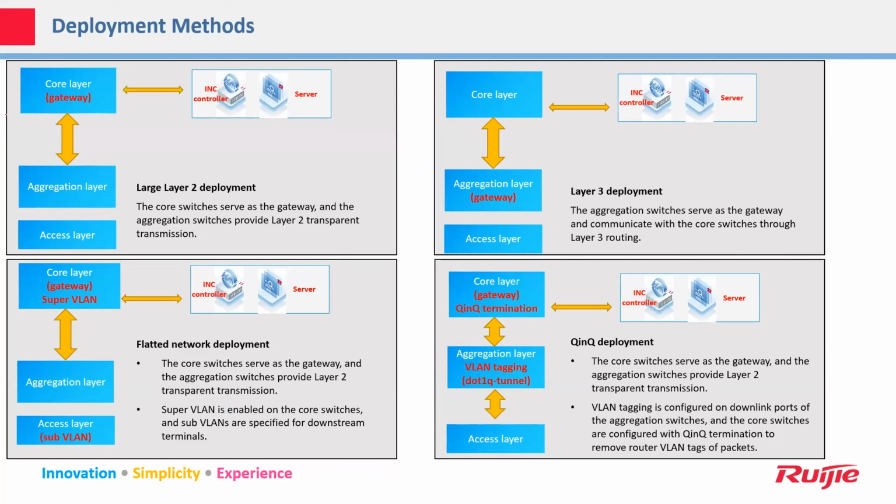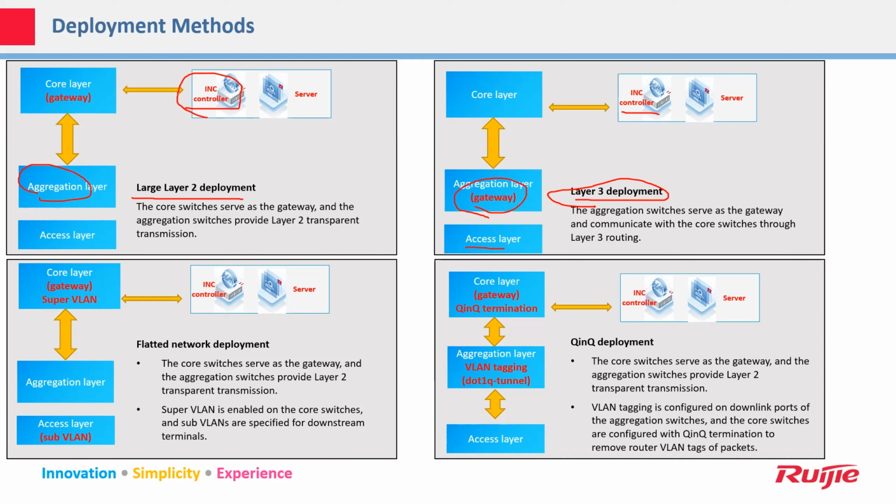First, you can see it's called large layer 2 deployment. Large layer 2 means the controller and the devices are in the same layer 2 network, in the same broadcast domain. Layer 3 deployment is also very easy to understand. There is a gateway, and the devices and INC are in different subnets.